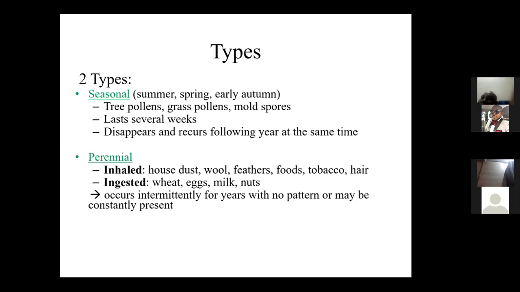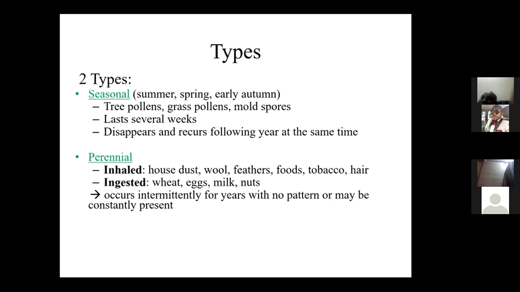We also have the perennial, which can last the whole year. The person keeps complaining, and some of the causes are inhaled dust, household dust when the person sweeps or cleans the environment.